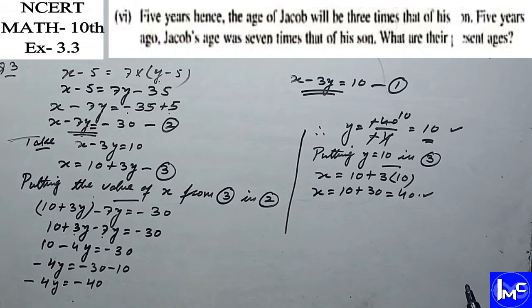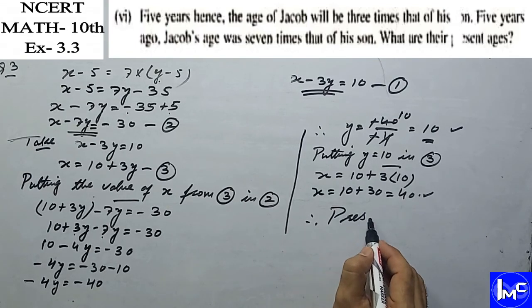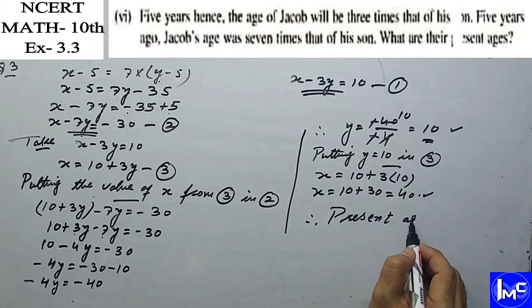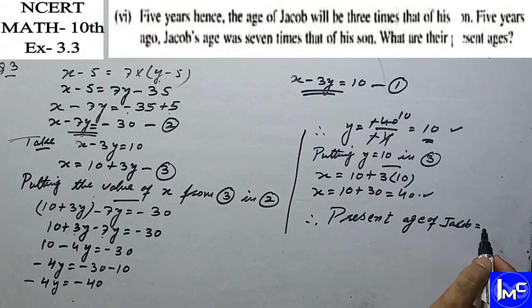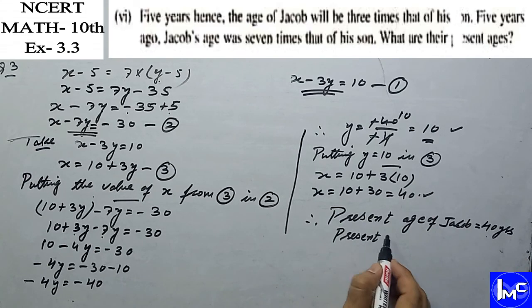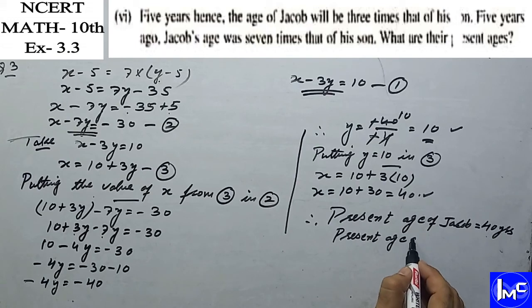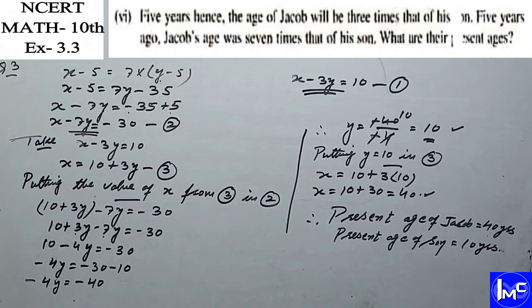And what we have supposed them, therefore present age of Jacob is equal to x, that is 40 years, and present age of his son, that is y years, means 10 years. And it completes question number 3. Thank you.